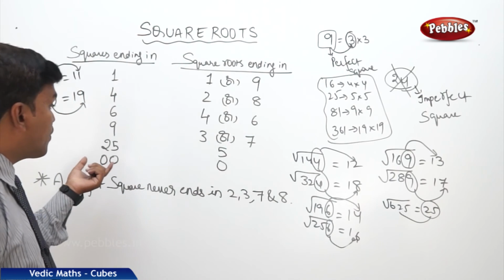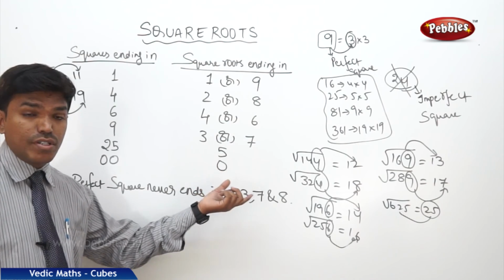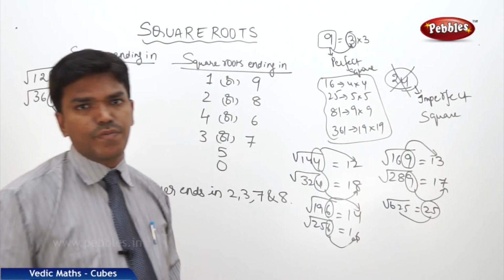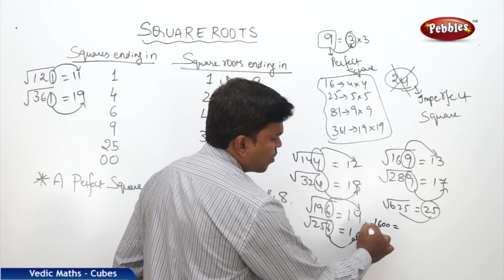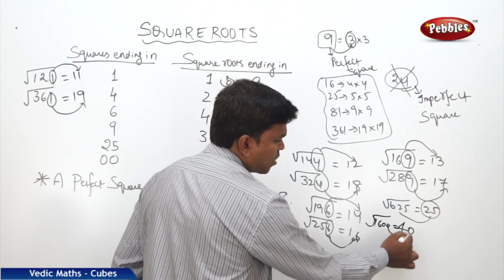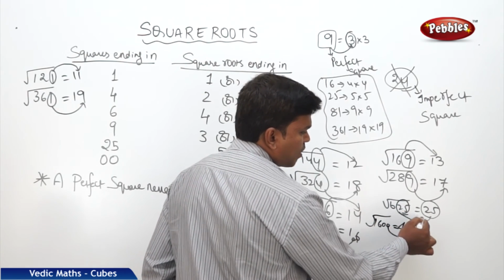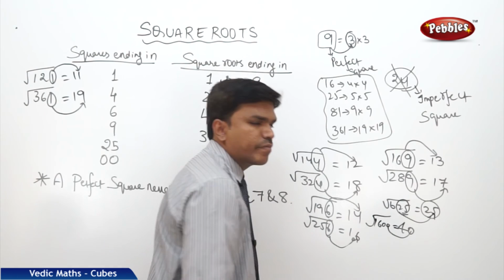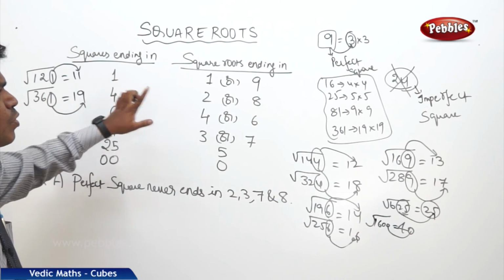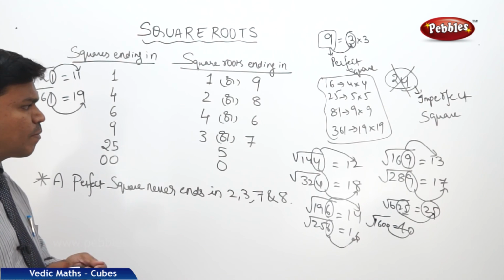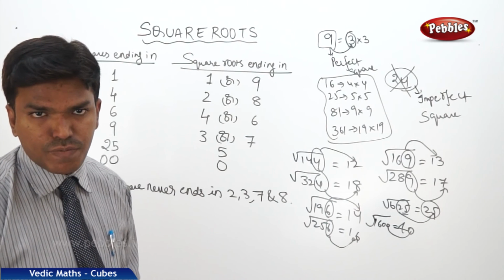If a perfect square is ending in 2 zeros, then the square root is also ending in a 0. Example, suppose 1600. What is the square root of 1600? 40. Yes or no? So if a square number is ending in 25, its square root is ending in 5. Like that, this table we should be aware of. This table will help you a lot in finding out the square root of a number.